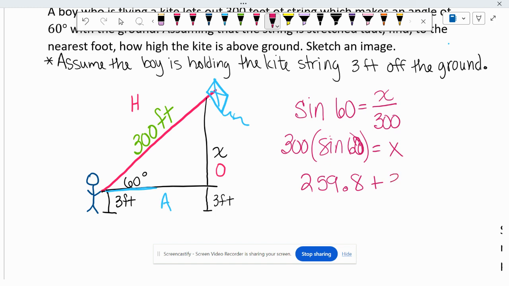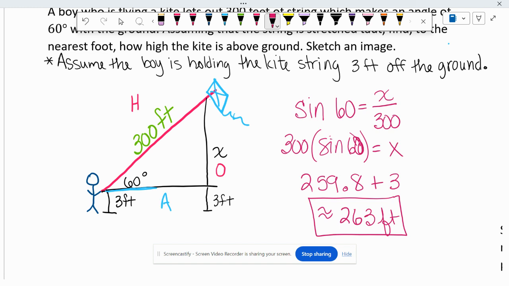Plus we have to remember to add that 3 feet at the end. So about how high is the kite off the ground? So is it okay if we just say it's about 263 feet off the ground? Are you guys good with that? Feel all right about that?